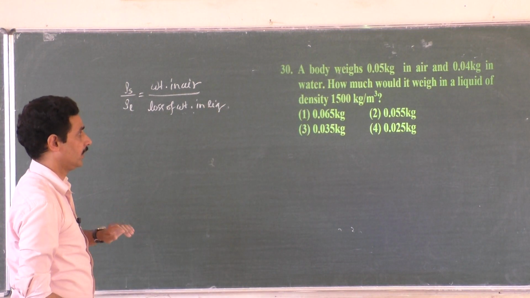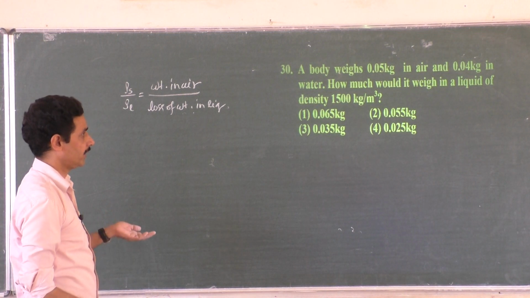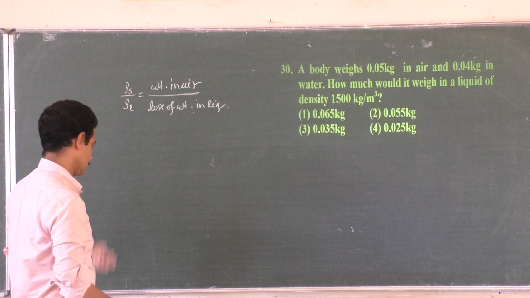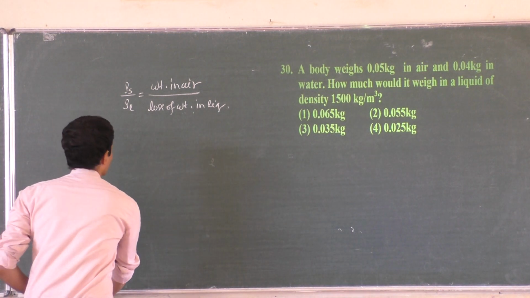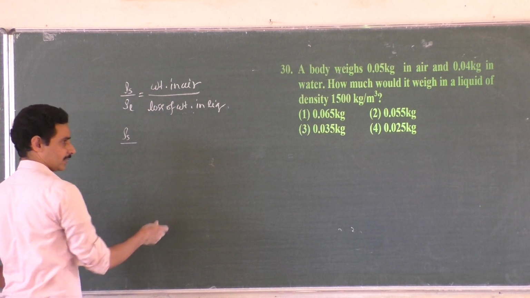First you take water: 0.05 kg in air and 0.04 kg in water. In that case, the density of the substance I don't know, so here you will get the density of the substance.